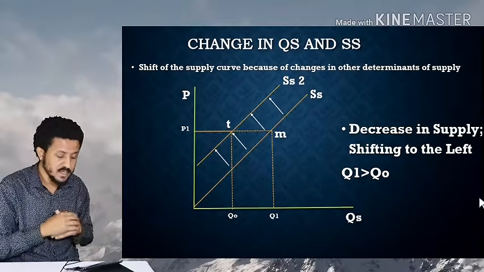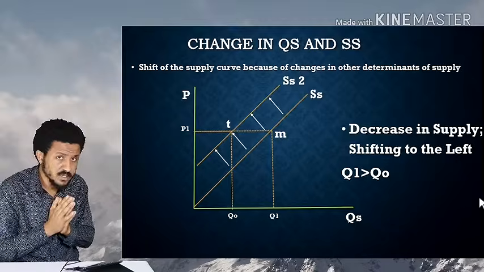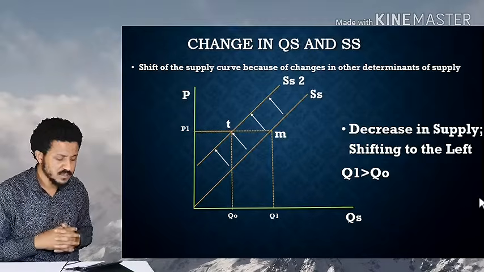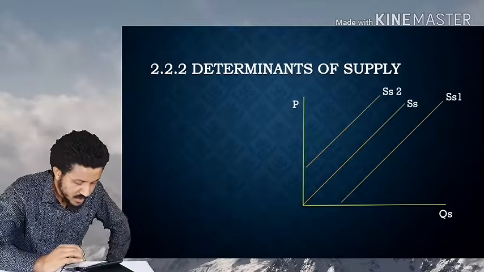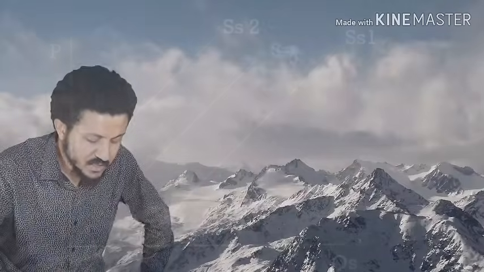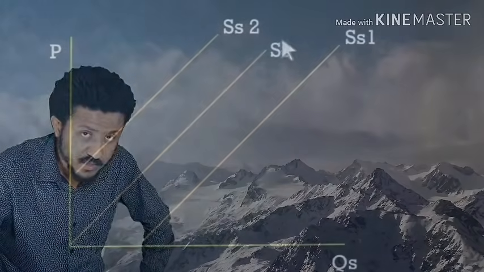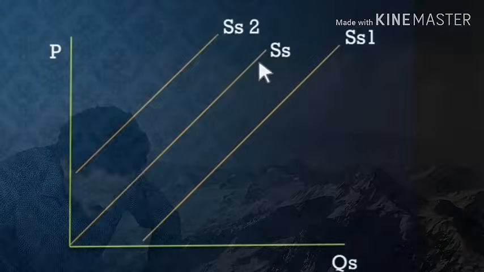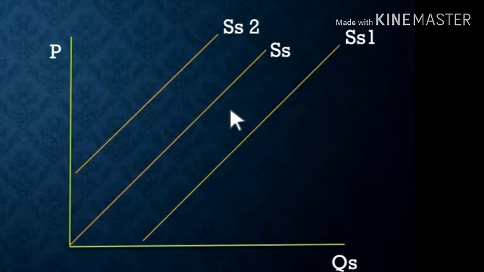ወደዛ የሚወስዱት እነማን ናቸው የሚባሉት እነማን ናቸው? They are other determinants of supply ማለት ነው. So let's say this is the middle one, ይሄ መሃል ላይ ያለው is original supply curve. ከዛ if we say supply increase ከተባለ we go to a supply curve 1, ወደዚህ shift እናደርጋለን.